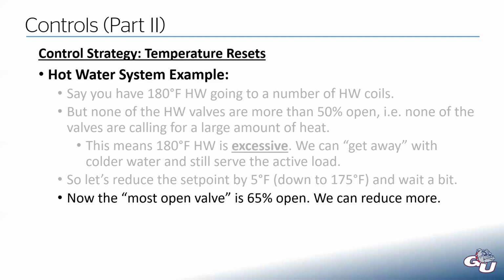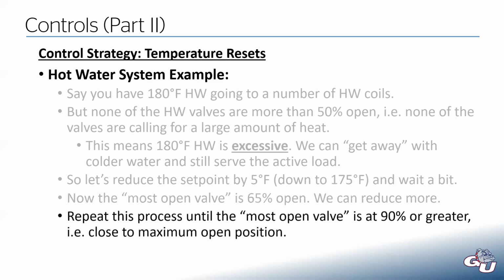That's how we're deciding what the worst case is. What valve in the system is the most open? Because that's the one that's calling for the most heat. So all the valves opened a little bit more. Worst case now is 65%. We say, well, we can reduce that temperature even more. And you just keep doing that until your most open valve is at about 90%, almost all the way open.